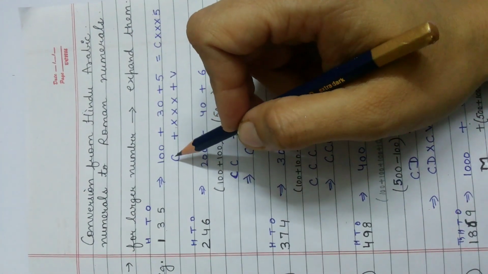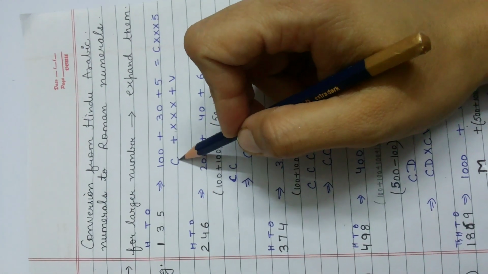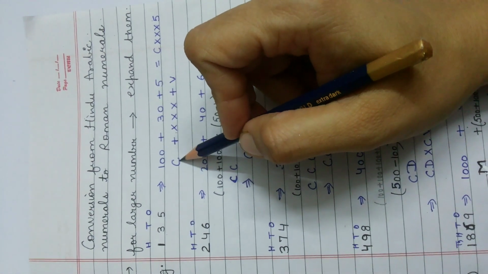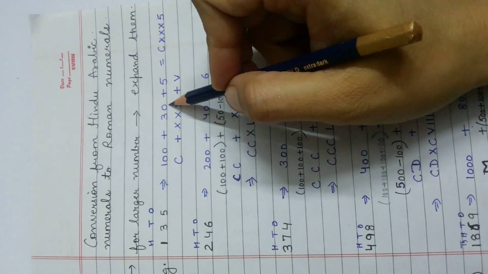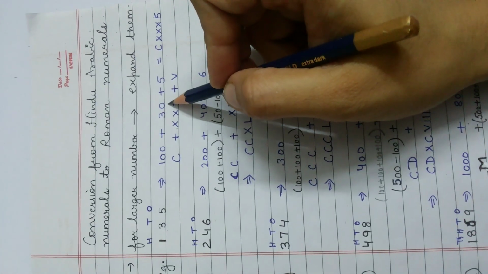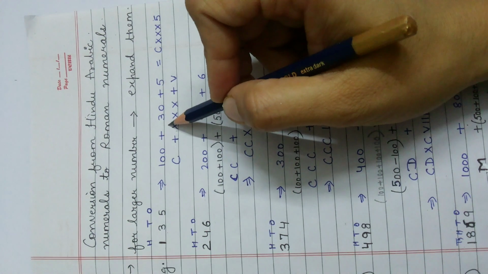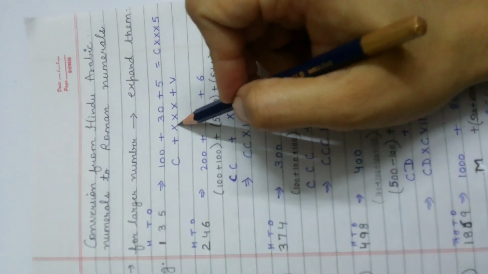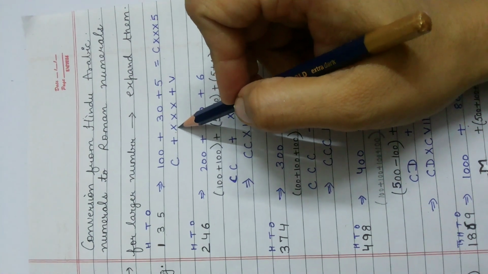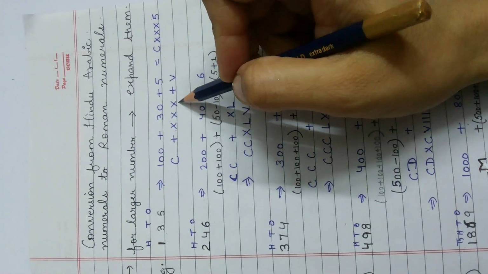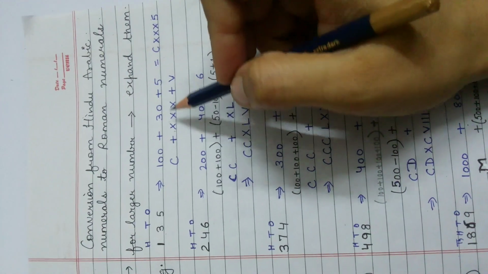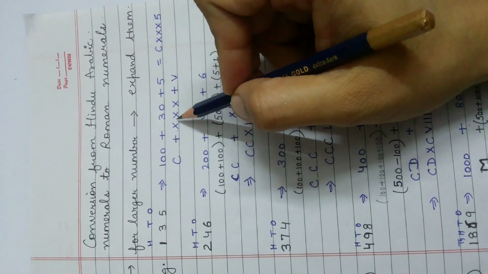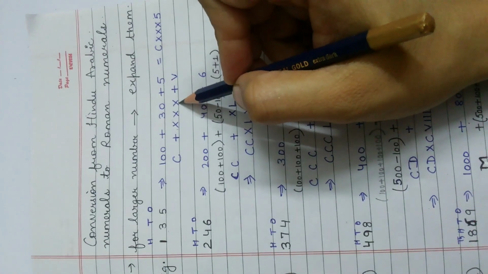Now do I have a symbol for 100? Yes. So write the corresponding symbol. What is the symbol for 30? I do not have a symbol for 30, but I have a symbol for 10, which is X, and I know the rule that a symbol can be repeated a maximum of 3 times. So 10 plus 10 plus 10 makes 30.